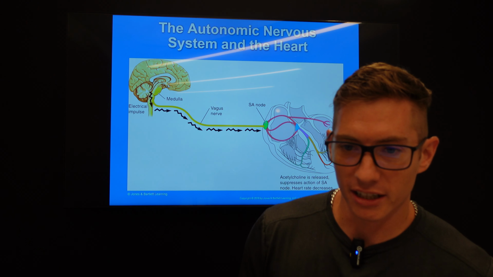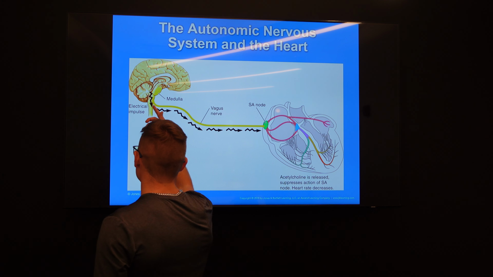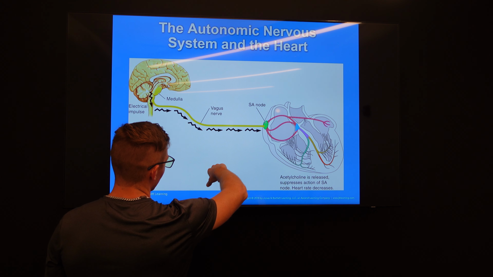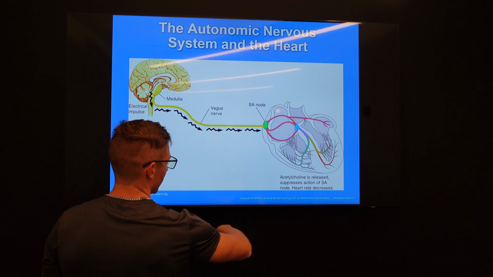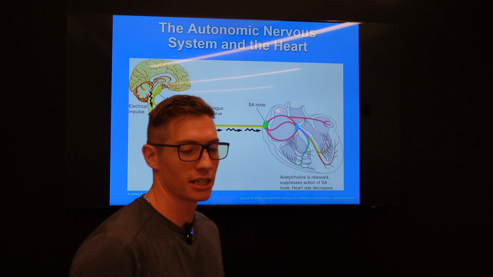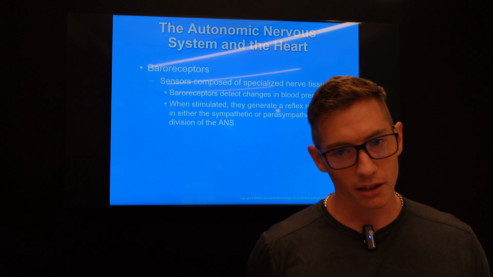So this figure shows the electrical impulse and how it stimulates release of chemicals. So your medulla is what tells the heart what to do. So you get an electrical impulse, goes through the vagus nerve, goes to the SA node here. And acetylcholine is released to suppress actions of the SA node and then tell the heart rate to decrease.